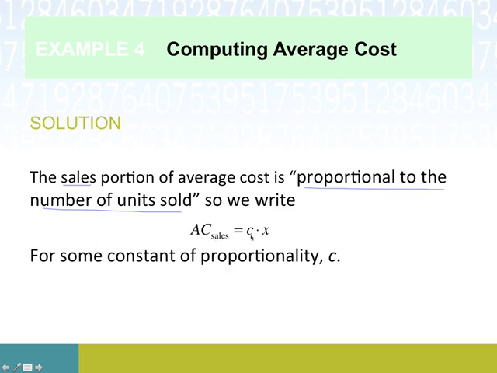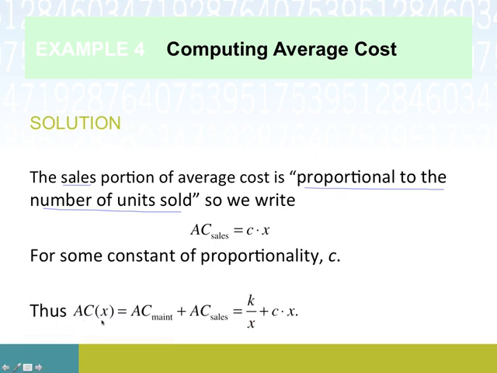And we're using a different letter here because I'm not totally sure that the k we used before is the same constant of proportionality we should care about right now. So we pick something different. c is a good constant, I don't know, by somebody's idea of what good means. And directly proportional just means it looks like average cost equals that constant times x, the number of units we sell.